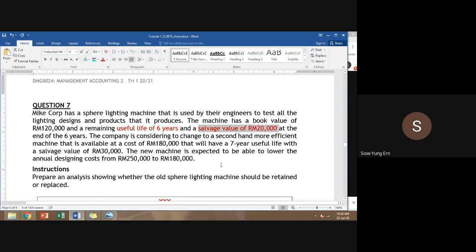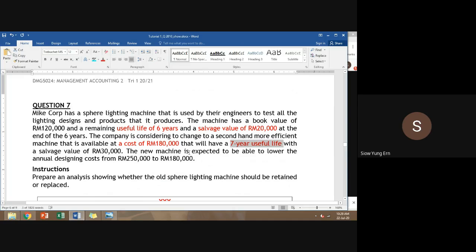So the company is considering to change to a second-hand, more efficient machine that is available at a cost of 180,000. They will have a useful life of 7 years with a salvage value of 30,000 at the end of 7 years.